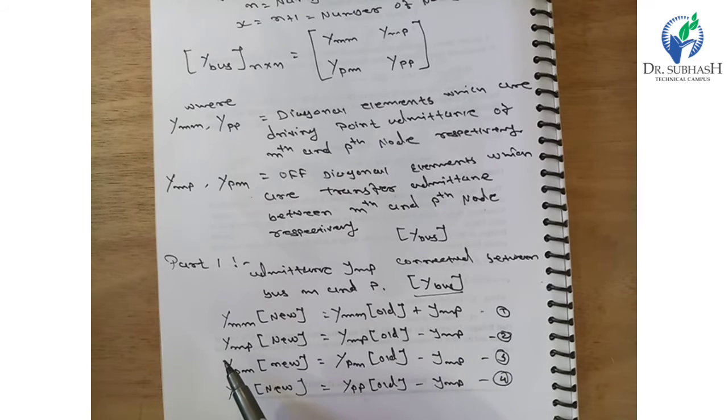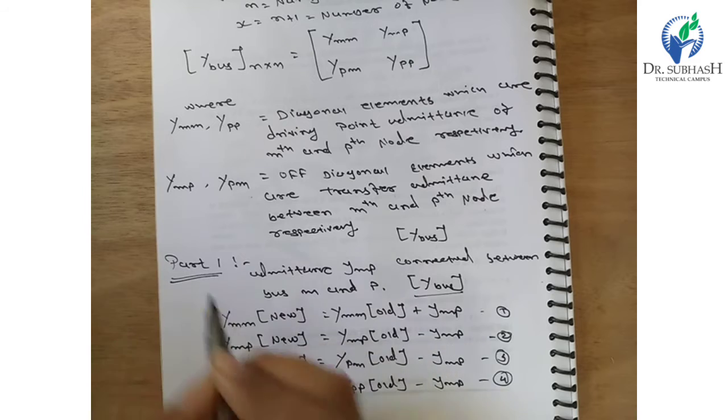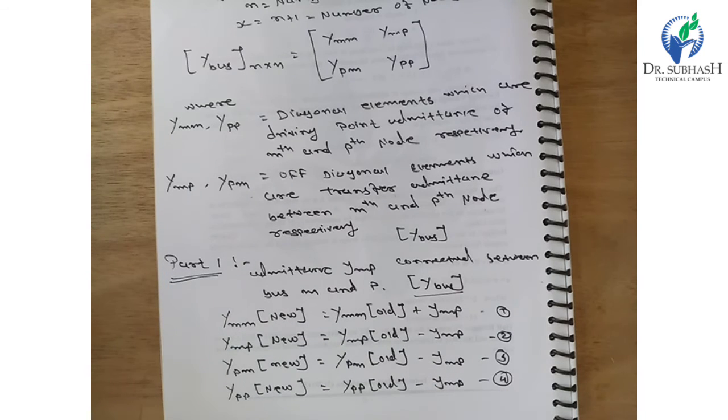The second equation is Y_MP new is equal to Y_MP old minus Y_MP. The third equation is Y_PM new is equal to Y_PM old minus Y_MP, and the fourth equation is Y_PP new is equal to Y_PP old minus Y_MP. Now this is case 1 for the admittance of a Y bus. Connected buses are M and P.